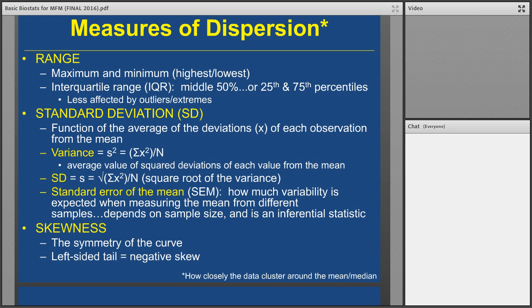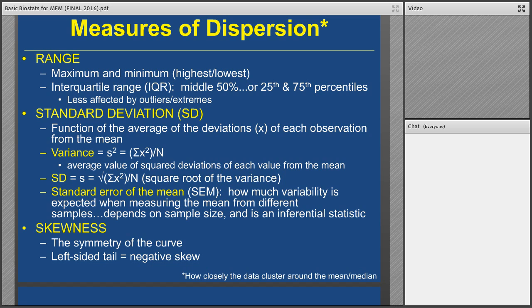So just going back through things, we would say we applied the Kolmogorov-Smirnov test. We found that this data was not normally distributed, and so we are reporting the median and the interquartile range. Whereas if our KS test told us that things were normally distributed, we would report the mean and then the standard deviation. The standard deviation is just a function of the average of the deviations, or x, of each observation from the mean.